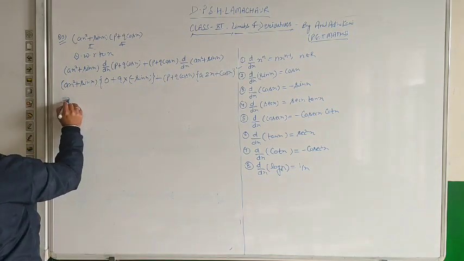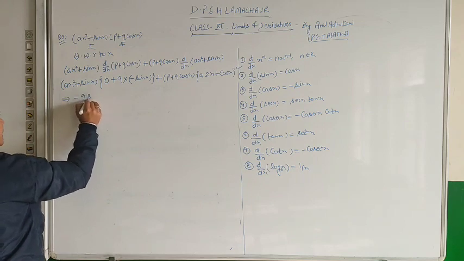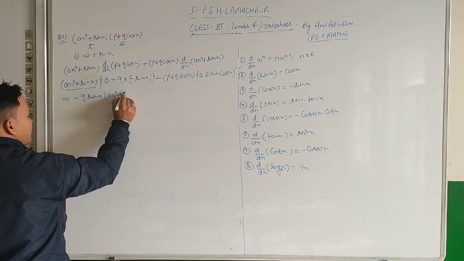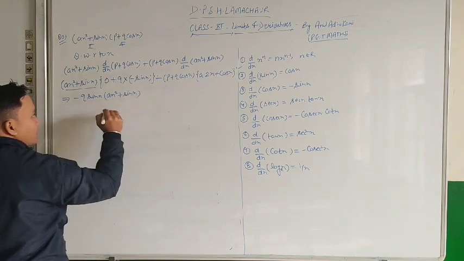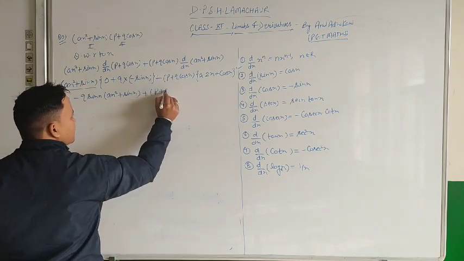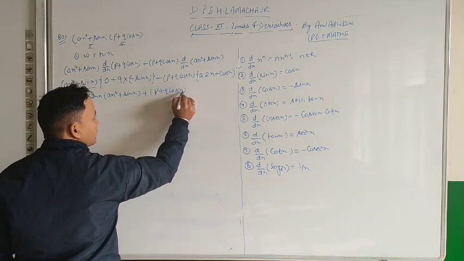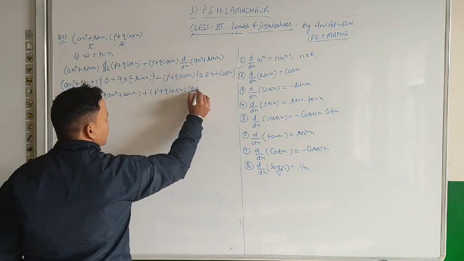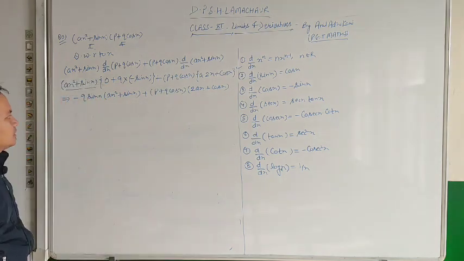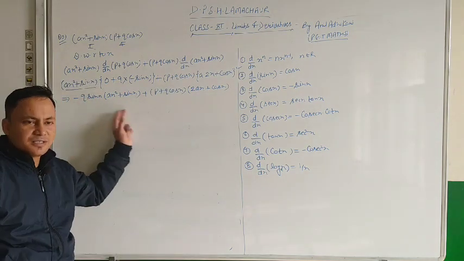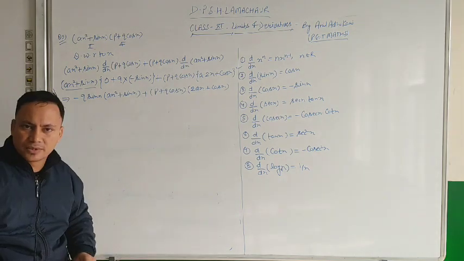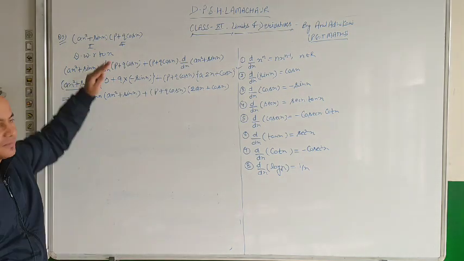Now summarizing it, we get minus q times sin x and within bracket ax square plus sin x, okay, and here we can say p plus q cos x in one bracket and in another bracket 2ax plus cos x. This is your required answer. If you want, then you can just multiply them and summarize it, okay, but there is no need for that, we will leave it here. And this is the derivative of this given function, okay.